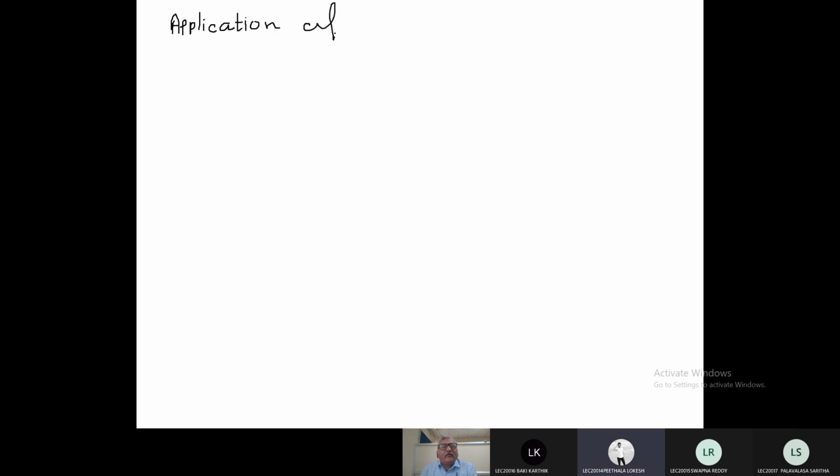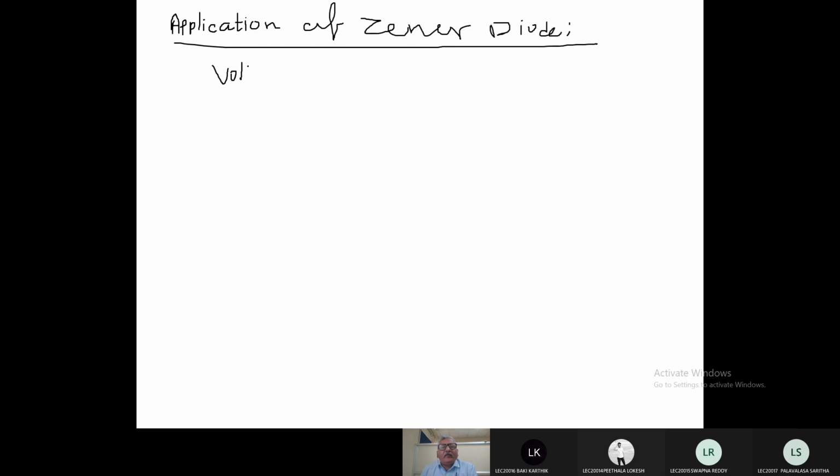Yes, application of Zener diode is voltage regulation. And application of normal rectifier diode is in rectifiers, right?